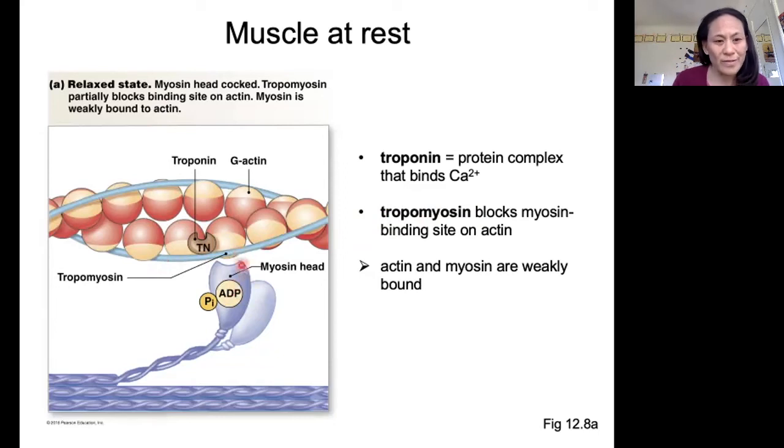So myosin wants to bind to actin, but tropomyosin gets in the way. Myosin is still able to bind loosely, weakly to the actin. But in order to get muscle contraction, as you'll see, you need a strong bond there, okay?